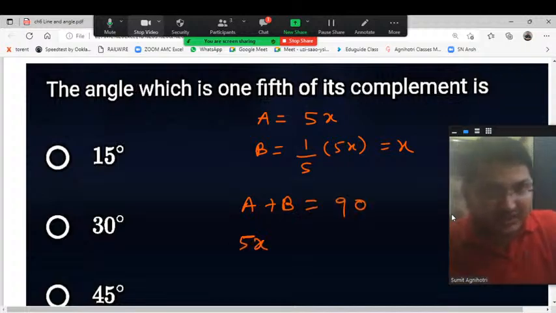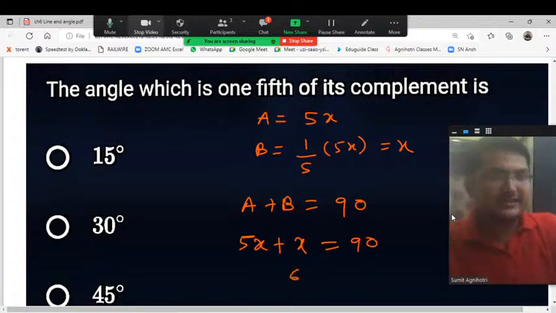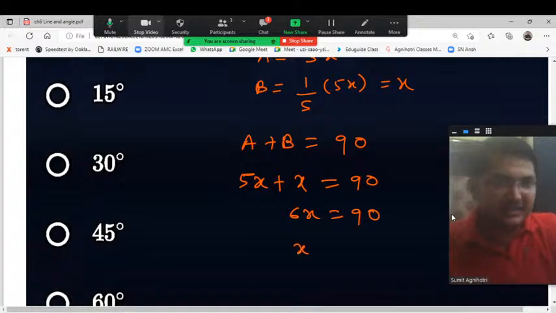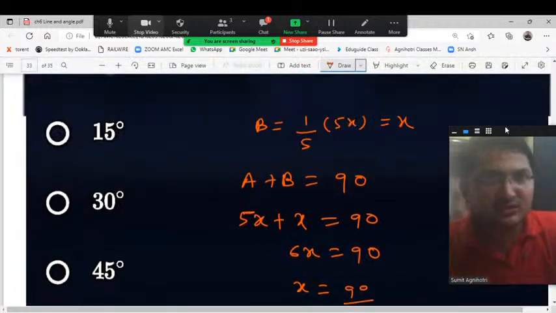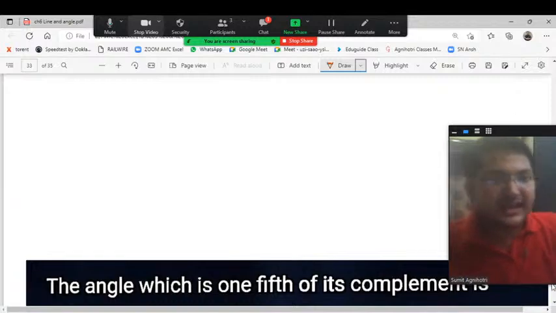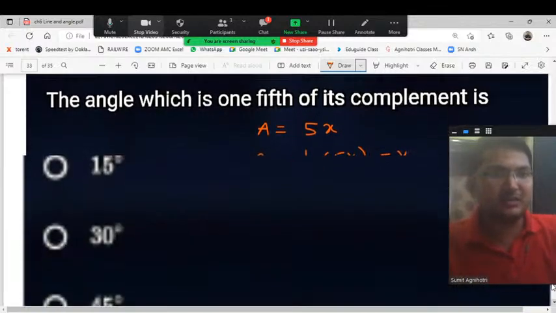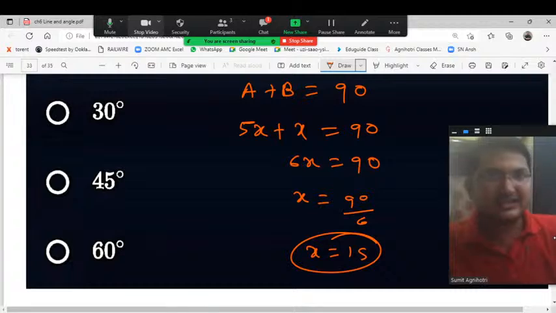I have assumed a to be 5x, that's why b is x, and 6x is going to be 90. Dividing both sides by 6, I get 90 over 6, which is 15. They ask you to tell the angle which is 1/5 of its complement. It is 5 times x, that's 75.